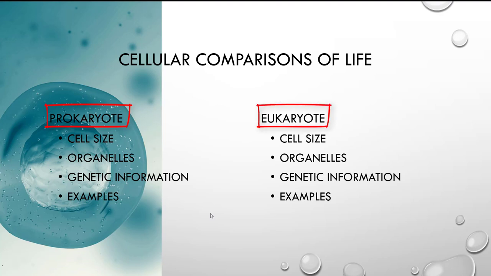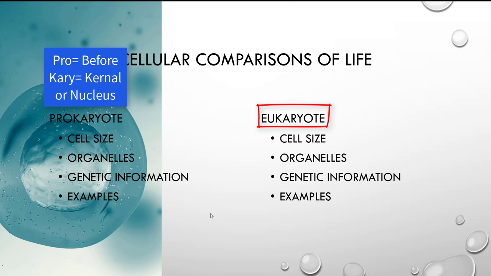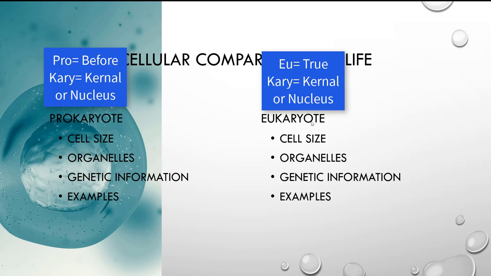So prokaryotic, pro means before, karyote means like kernel, which could be like nucleus. Okay, so prokaryote basically means an earlier cell, a very simple cell. Eukaryote, eu means true. Karyote means kernel or nucleus. So eukaryote means true nucleus.